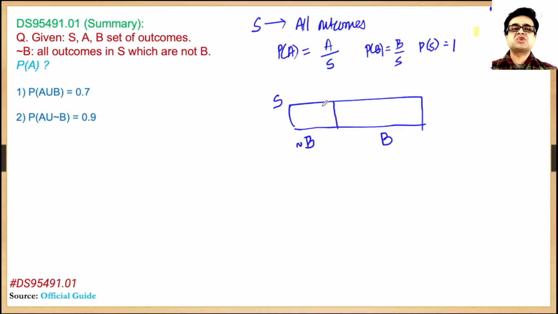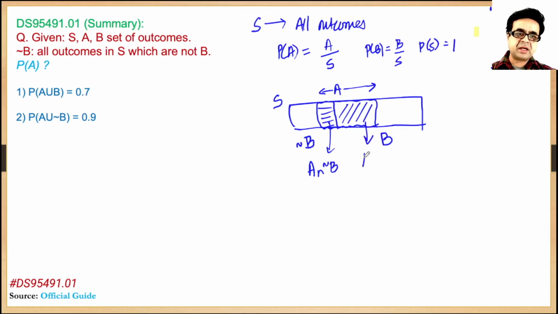Now let me assume a set A, which is given to be in S again, and this is my A. So what can I know about these two regions? This region dashed horizontally is A intersection tilde B, or A intersection not B, and this shaded slantly is my A intersection B. What I also know is my A intersection tilde B plus A intersection B is nothing but A. I'm going to use that.